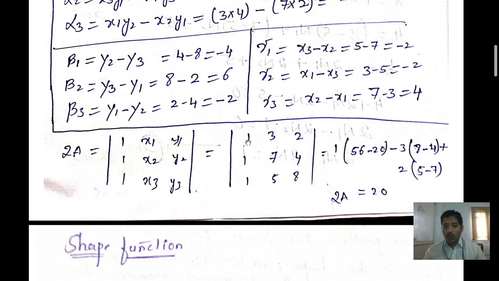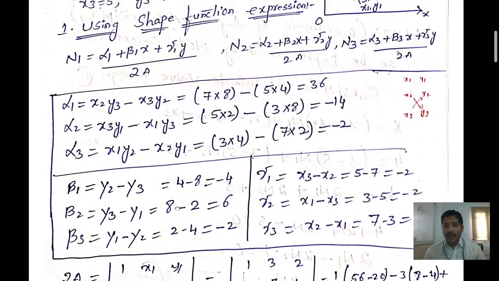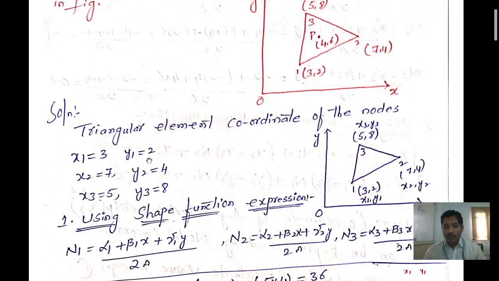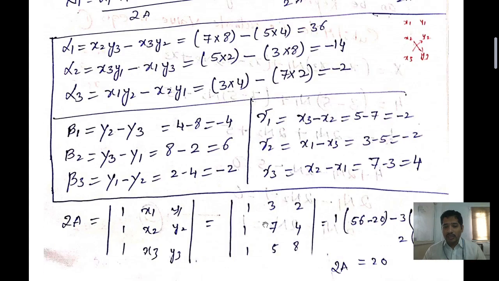So equal to 1 1 1. This is a constant value, you need to keep it as it is. So x1 value we know very well, x1 is given, x1 is 3, y1 is 2, x2 is 7, y2 is 4, x3 is 5, y3 is 8. 3 comma 2, okay, x2 nothing but 7, y2 nothing but 4, x3 nothing but 5, y3 nothing but 8.